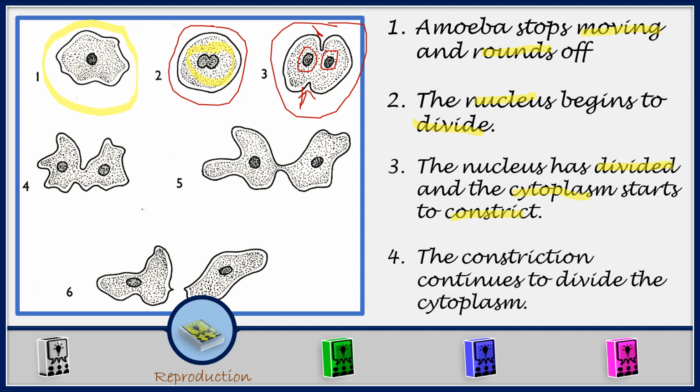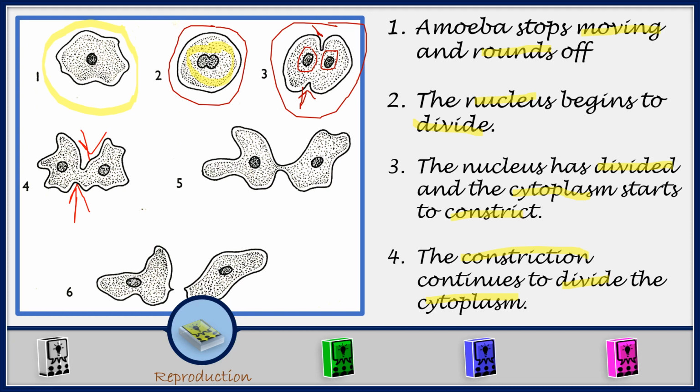Then in the fourth stage, the constriction will continue to divide the cytoplasm. You will see that there is a lot of constriction of the cytoplasm, which is continuing to divide it.